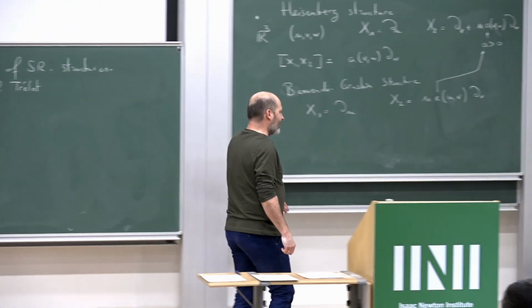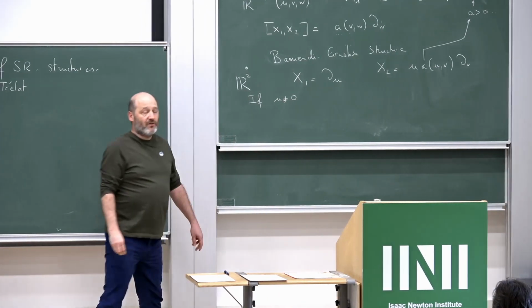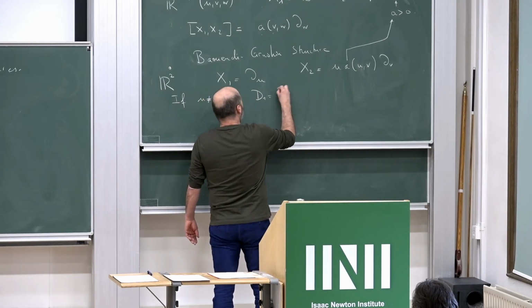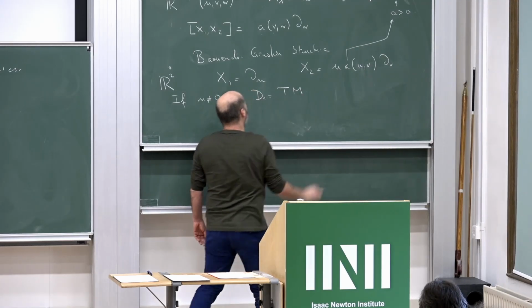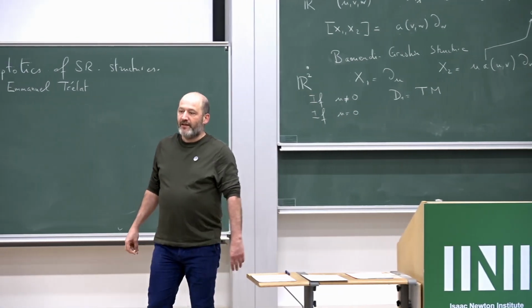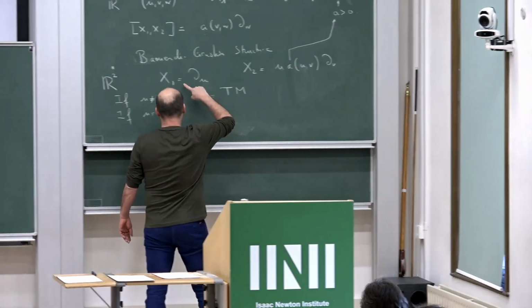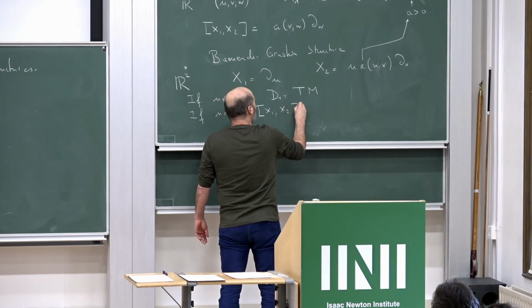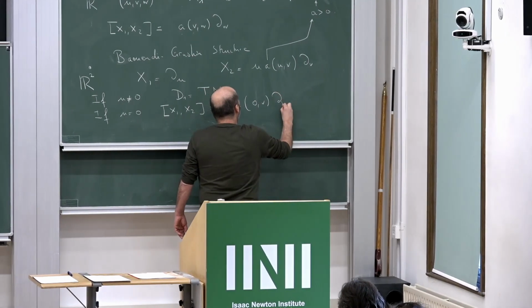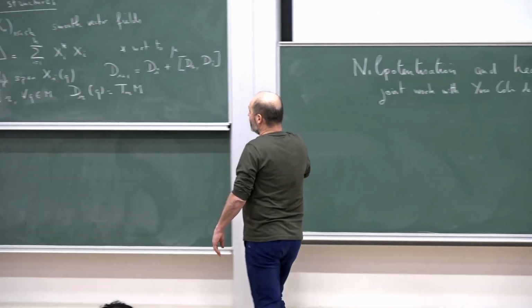Now the situation is a bit different, because if u is not 0, then you have both directions, so D1 is the tangent space of M. If u is 0, you need an extra bracket to generate the missing direction, because X2 vanishes, and so now you need to compute [X1, X2], which, remember that u is 0, is a(0,v) d_v.